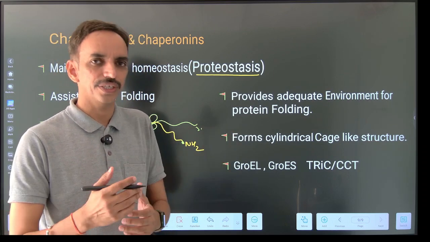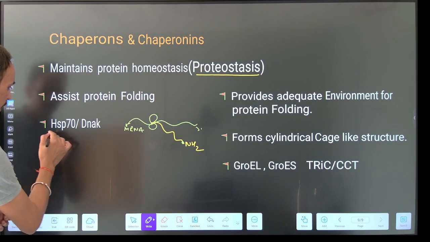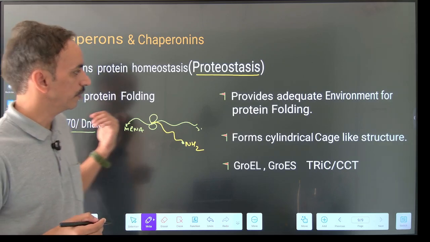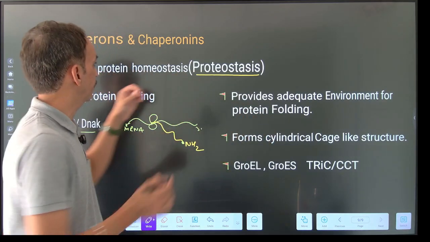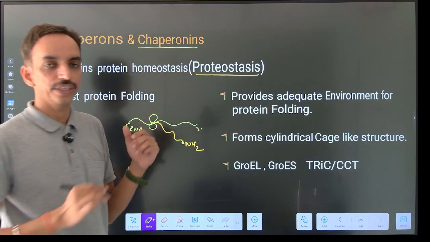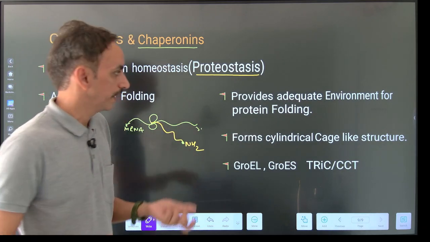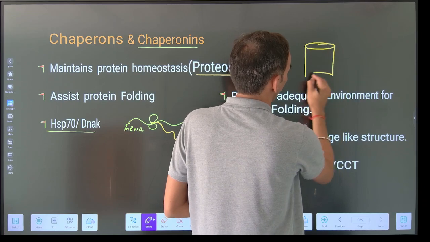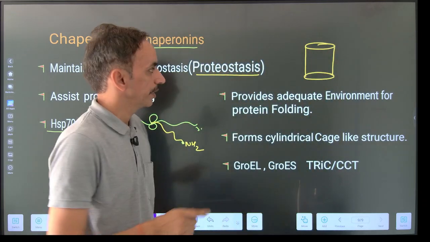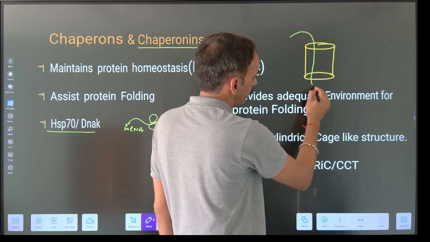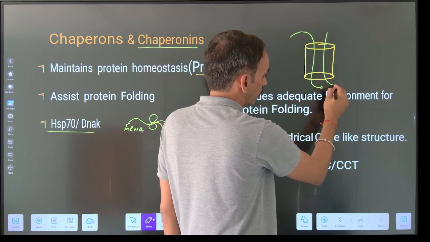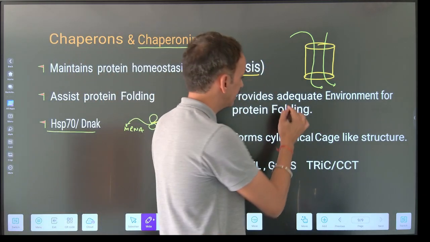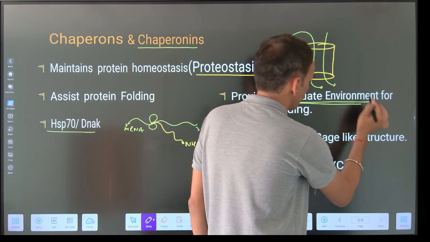So they generally assist in protein folding, and the example is the HSP70, heat shock protein 70 class of proteins. While the other category is the chaperonins. Now these chaperonins are the type of chaperones that generally form a barrel-like structure through which a misfolded or non-folded protein can pass, and these barrels provide the adequate environment for protein folding.